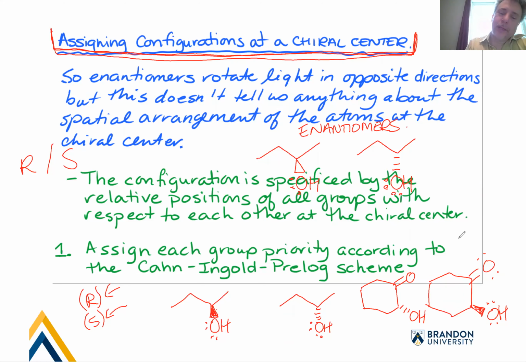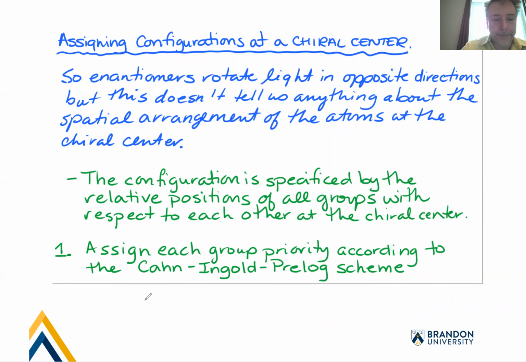So there's a scheme called the Cahn-Ingold-Prelog scheme for assigning priorities, and that's what we'll do next. We find the chiral carbon, and then we assign a priority to the four substituents that are bonded to that carbon.